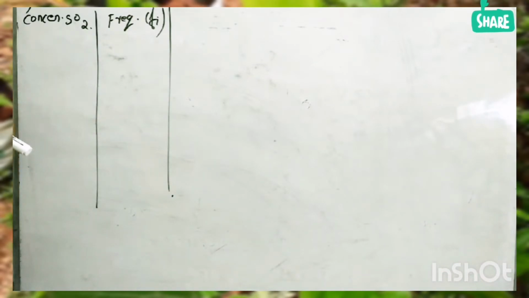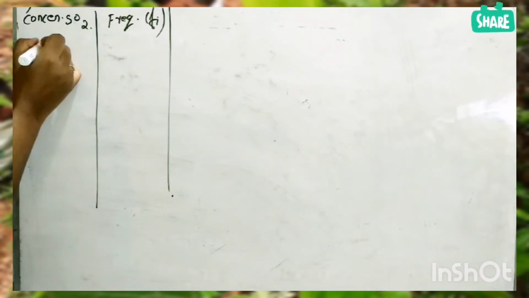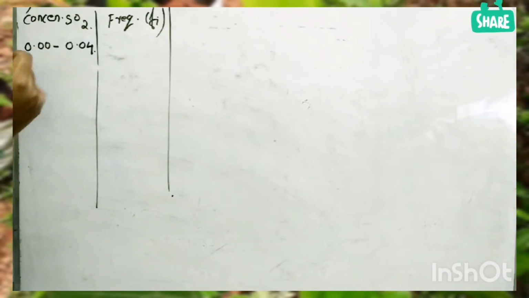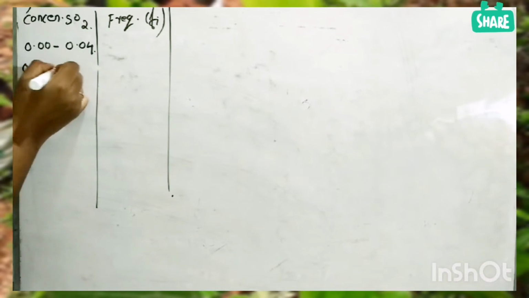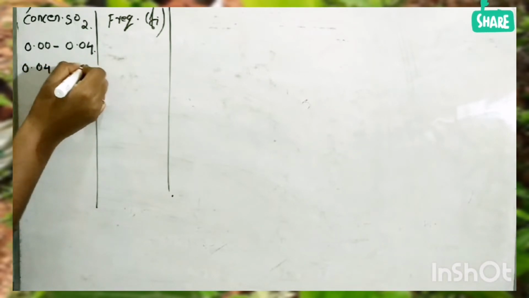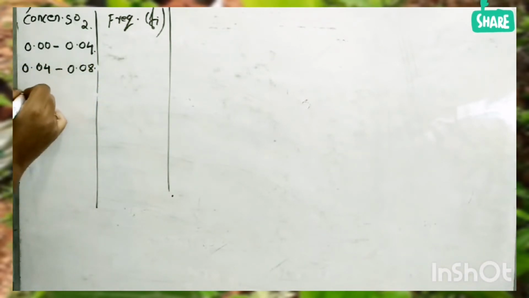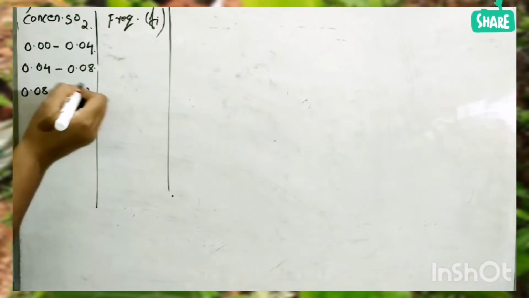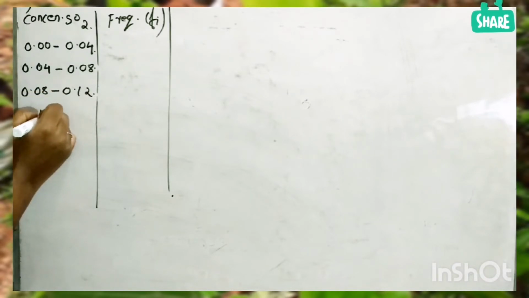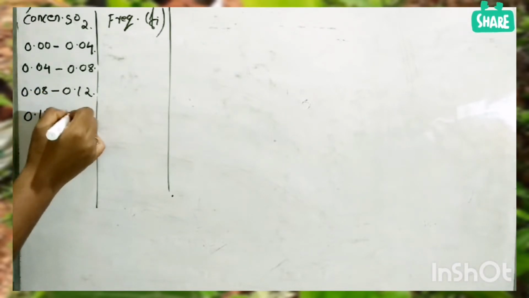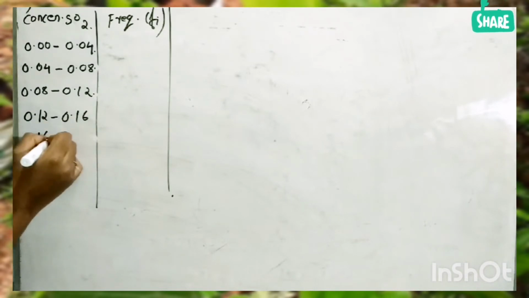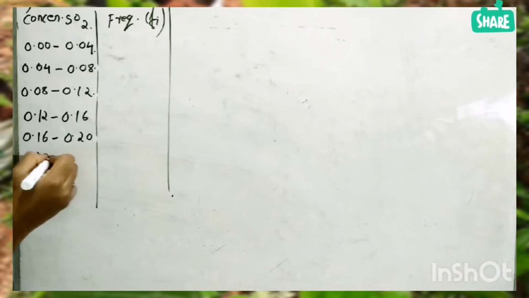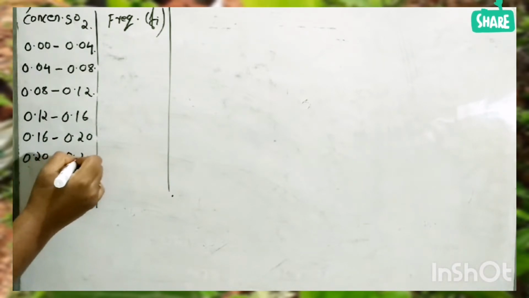Concentration: 0.00 to 0.04, 0.04 to 0.08, 0.08 to 0.12, 0.12 to 0.16, 0.16 to 0.20, 0.20 to 0.24.